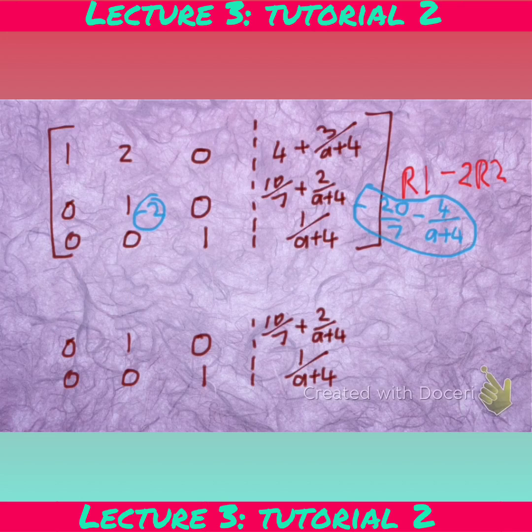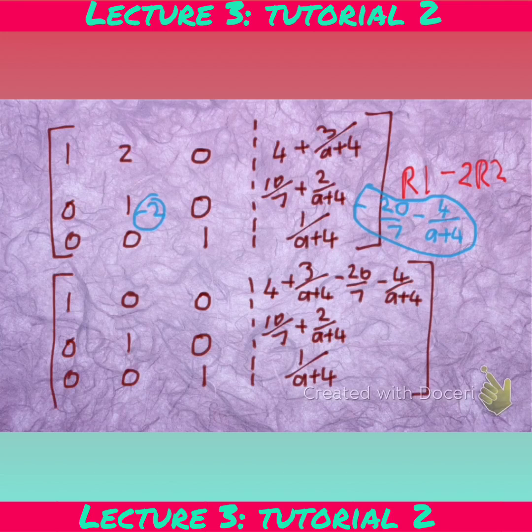The second entry is going to become 0, and the last entry is going to become 4 plus 3 over a plus 4 minus 20 over 7 minus 4 over a plus 4. Okay, that's my new matrix.